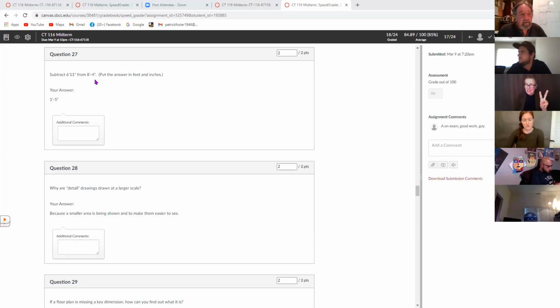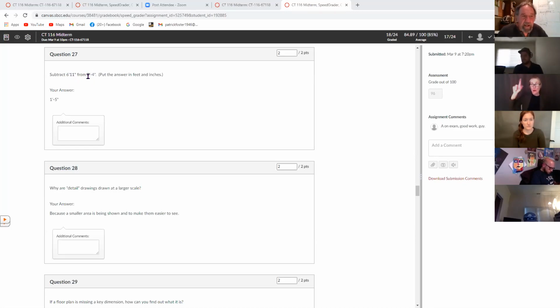The way to get around that confusion is the biggest unit on the left. If it's decimal, it'll be the ones, tens, or hundreds, whichever is the biggest. In feet and inches, it'll be the feet. One number has to have bigger feet than another, so that one will always be on top. That's the way you can set up the column. So 8 foot 4 will be on top, and then 6 foot 11 will be underneath.